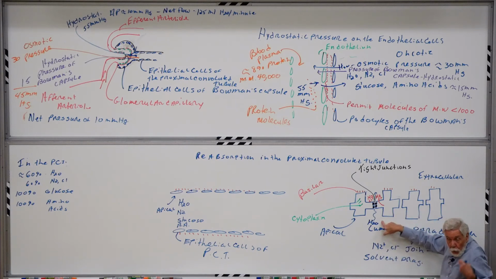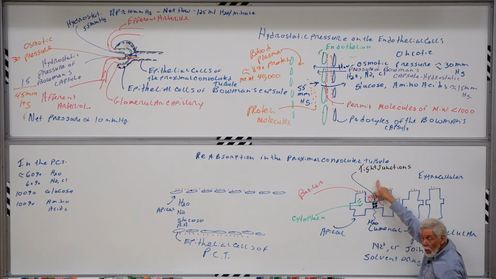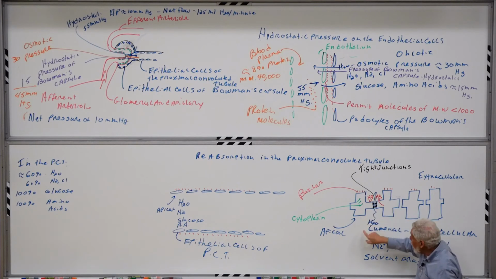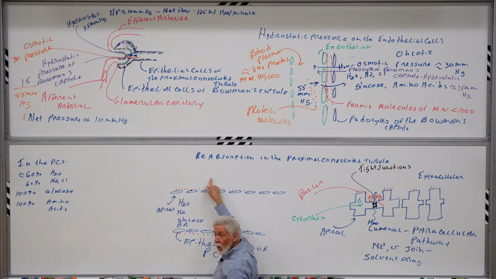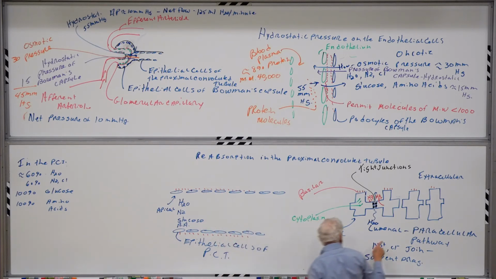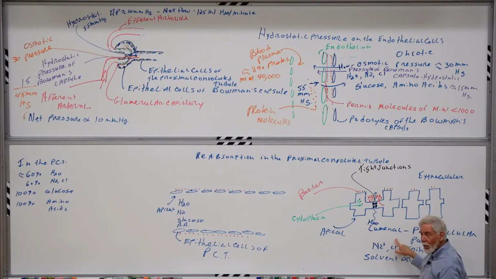So the sodium and chloride ions are in solution in the water, and so as the water is dragged across, because we've generated this high sodium chloride concentration here locally, we now pull water through the system. So most of the water, 60% of the water and 60% of the sodium and chloride that are moving from the luminal side out here into the extracellular space, most of that movement is through this paracellular pathway.